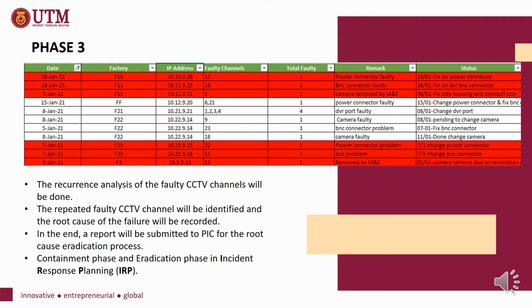The root cause of each channel failure will be identified as well. In the end, a report will be submitted to the person in charge for the root cause eradication process. This phase comes under the containment and eradication phase of the incident response planning. This CCTV maintenance is done to ensure security and data availability.